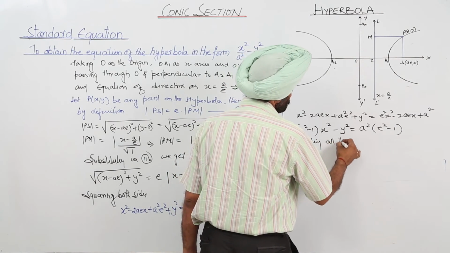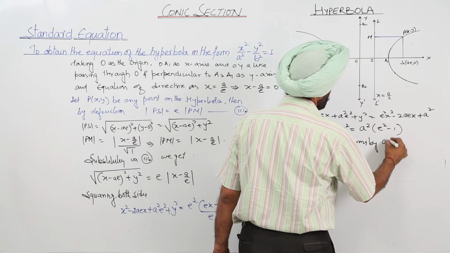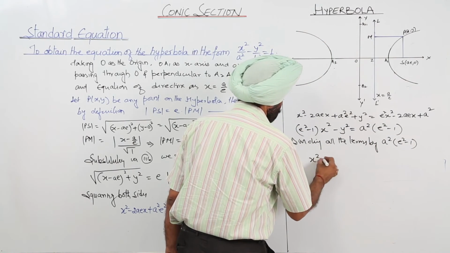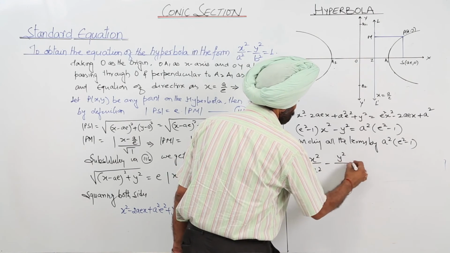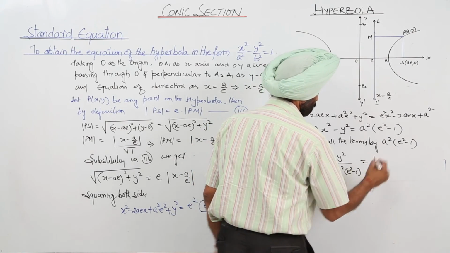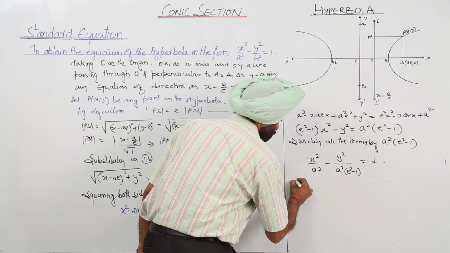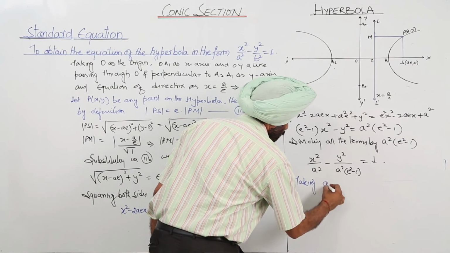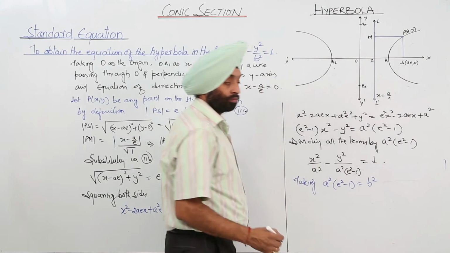Now dividing all the terms by A square times (E square minus 1), we get x square upon A square minus y square upon A square (E square minus 1) is equal to 1. Okay. Now taking A square (E square minus 1) is equal to B square.